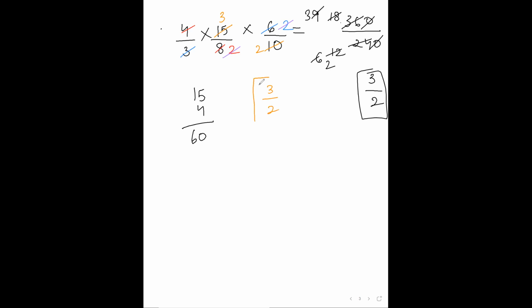Over here, you had to make a lot of cancellations, sure, but they were smaller numbers. You had to deal with smaller numbers, right? And even in this case, let me give you a better way of solving 360 by 240.